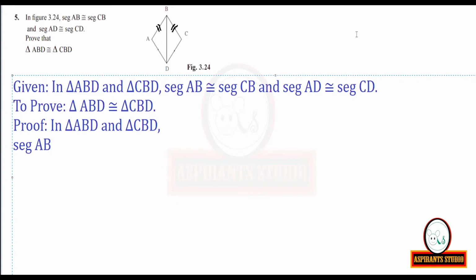Whatever is given in the question, you have to write the reason beside it. Within brackets you have to write given. Then segment AD is congruent to segment CD. This is also given, so within brackets you have to write given.